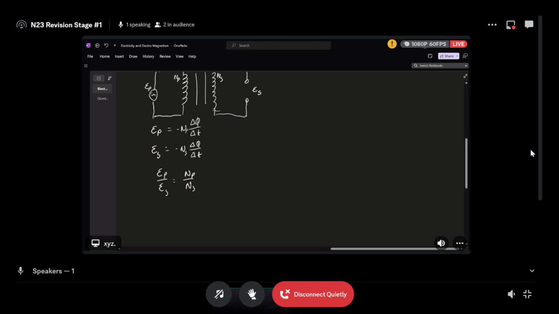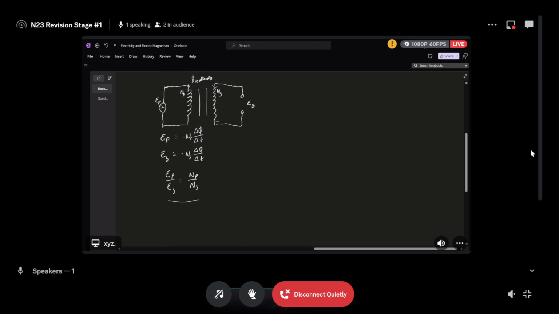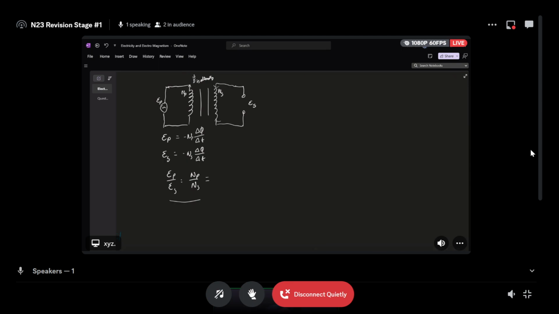We can figure out the equation for current using power. So in an ideal transformer, power is conserved.